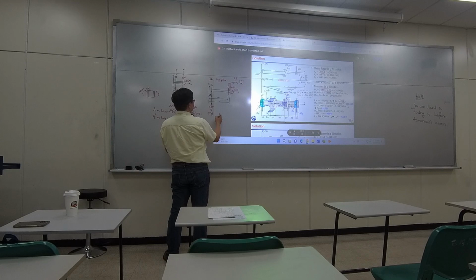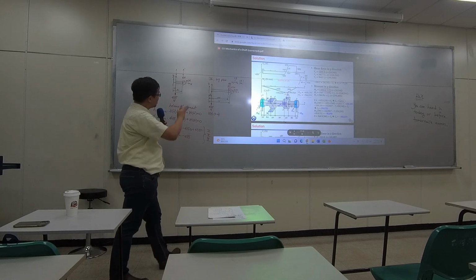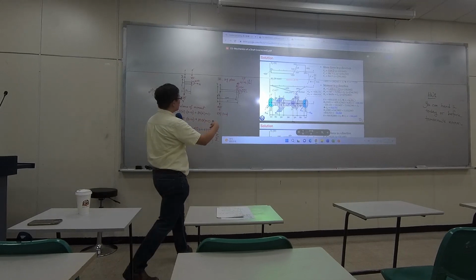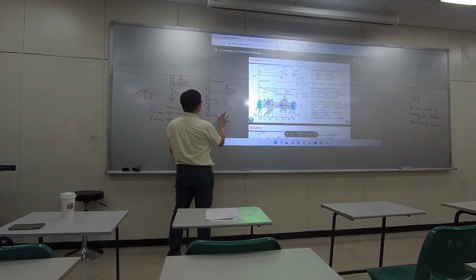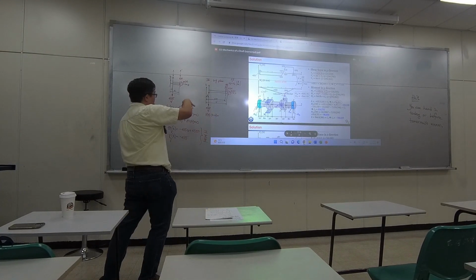Vx times the distance from here to the base, so it's gonna be x minus 10. This is forming clockwise moment, equals to the ones that is forming counterclockwise moment.